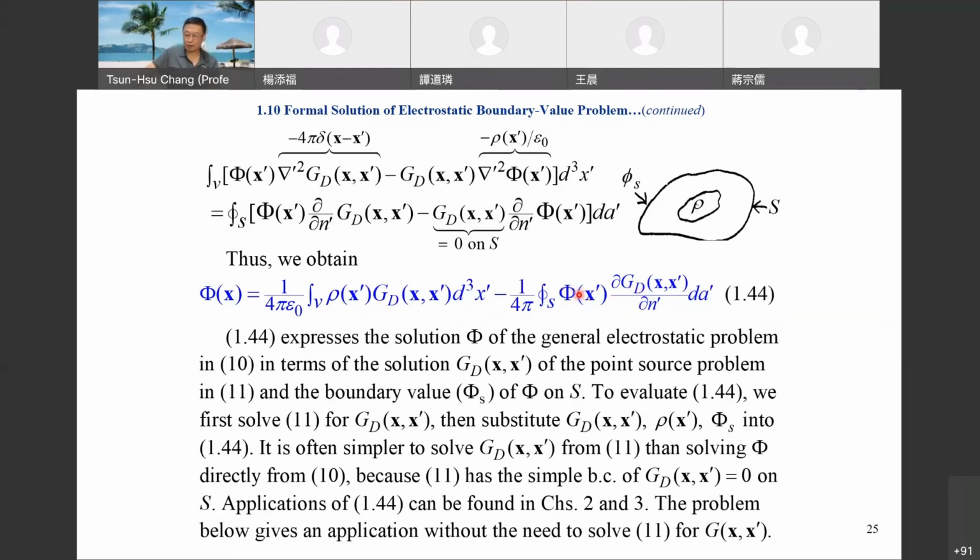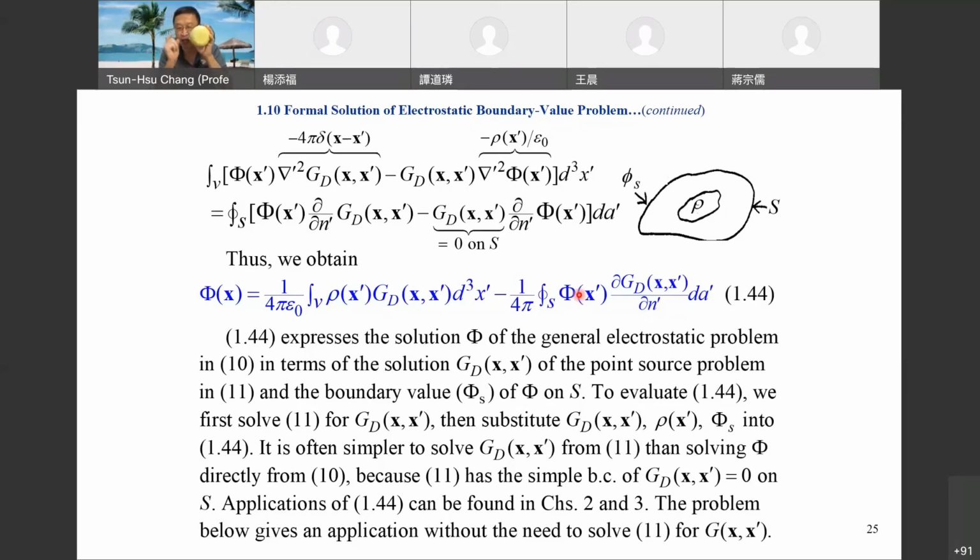Let me show you. Look at my hand. If you have a grounded spherical shell, on the surface the potential is 0.